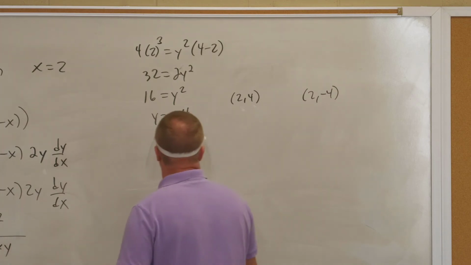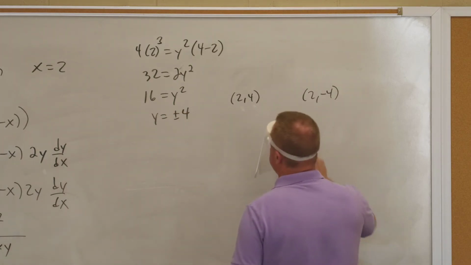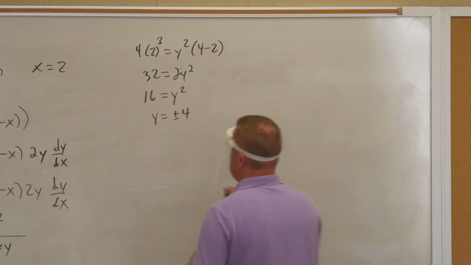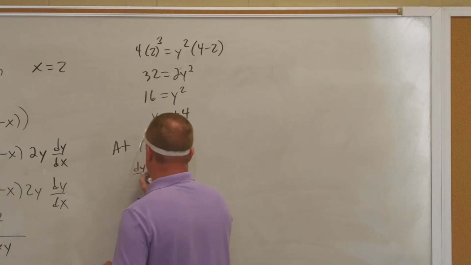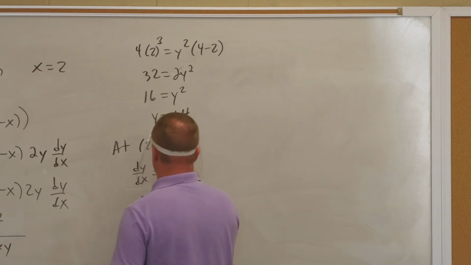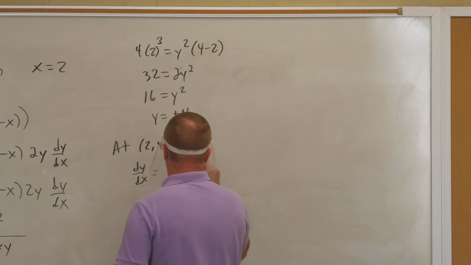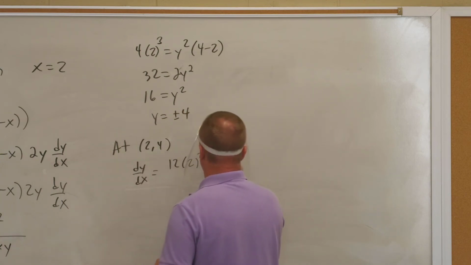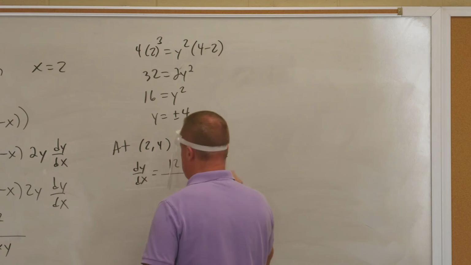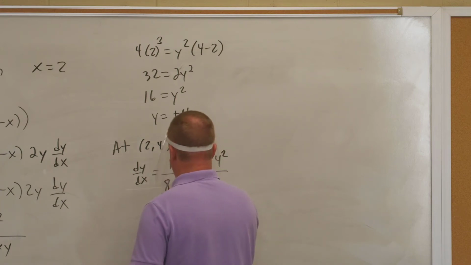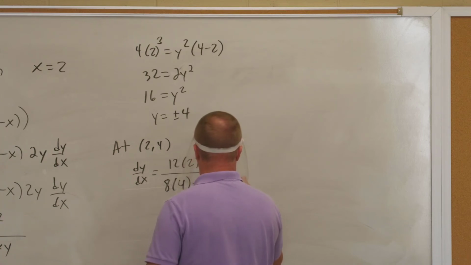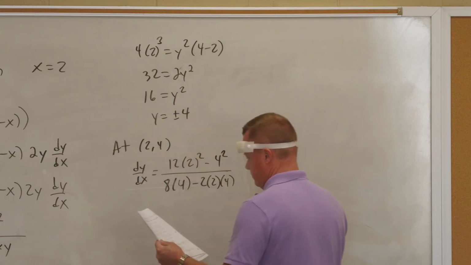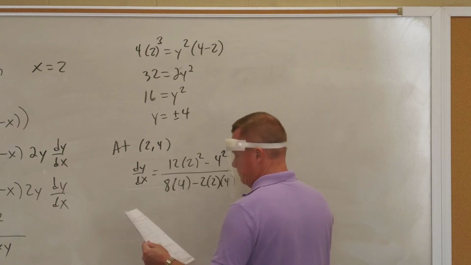So at (2, 4), the derivative is 12 times 2 squared minus 4 squared over 8 times 4 minus 2 times 2 times 4. Okay. That will be 4.